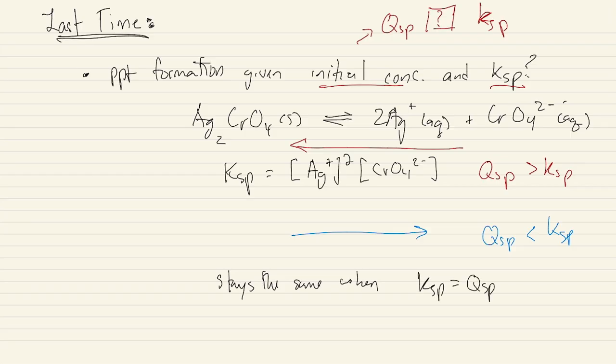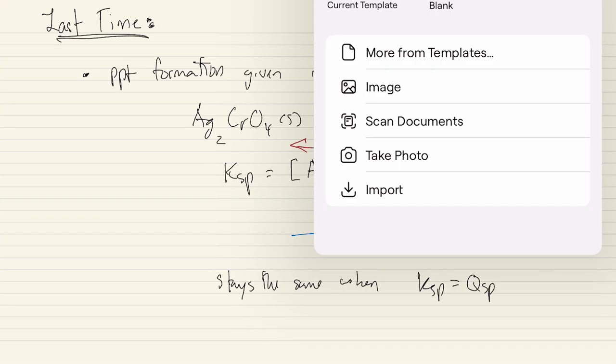That's when we switch between the two. Once we reach that special value, then we're at equilibrium. We're not going to shift the reaction at all any more than that. And so we went over a couple problems with that. I'll probably give you another one to work on in a little bit, just to remind us of what that is, right? So that's where we ended with solubility product, and then we also talked about complex ion formation, right?